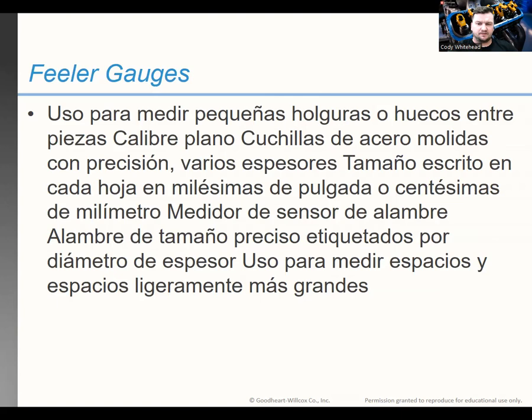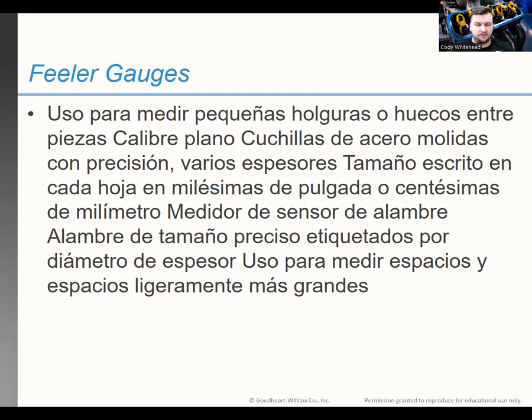Feeler gauges. These are used to measure small clearances or gaps between parts. Flat feeler gauges are precisely ground steel blades of various thicknesses. So they're just pieces of thin sheet metal essentially, and they're different thicknesses, and the size is written on each of those blades, in thousandths of an inch and hundredths of a millimeter.